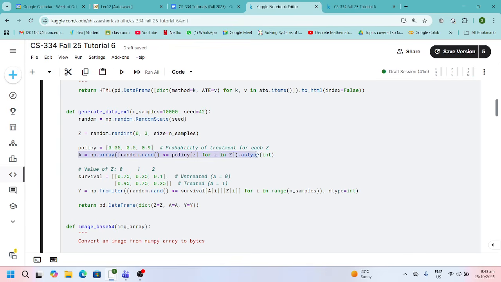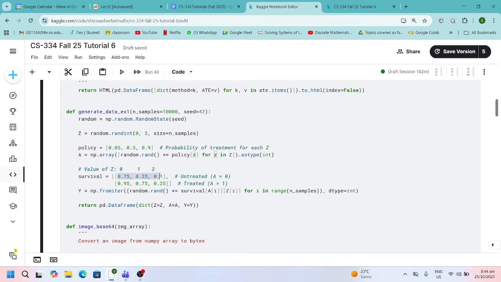And that is how I am generating A's samples. I generate a random probability. This function returns a value between 0 and 1. And then I check for each Z in Z. Anyway, once you have obtained values for A as well, now I want to construct Y.